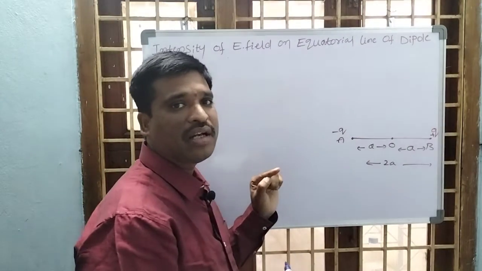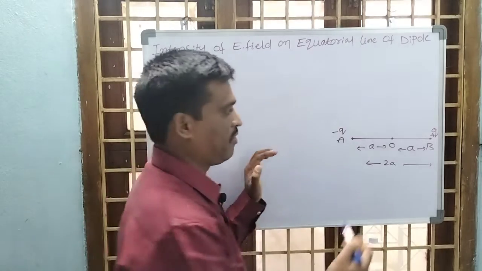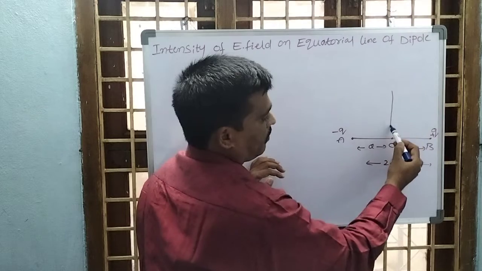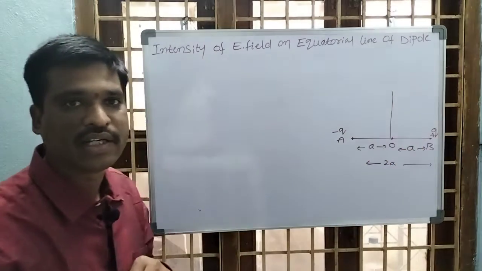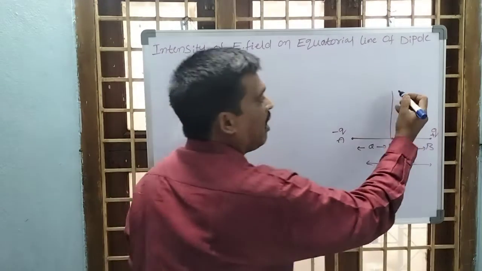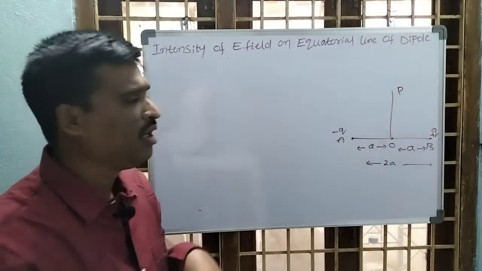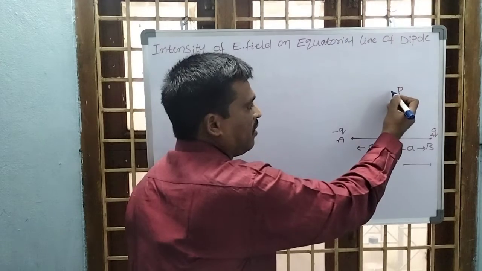Now see here. A perpendicular line is drawn on the center of the dipole. According to our definition, this is the perpendicular line. P is the point.